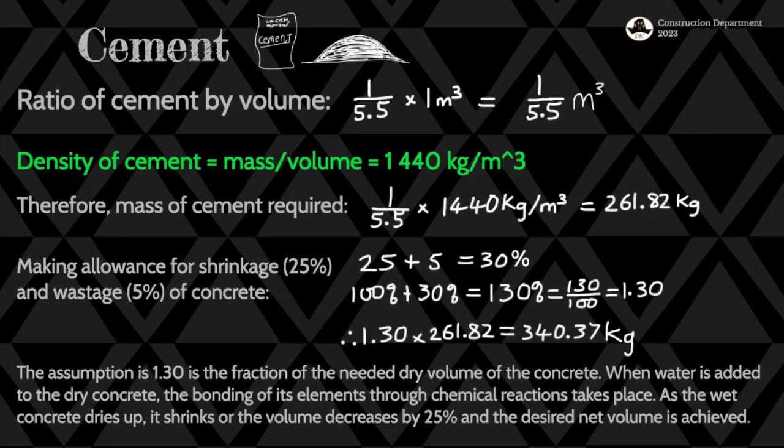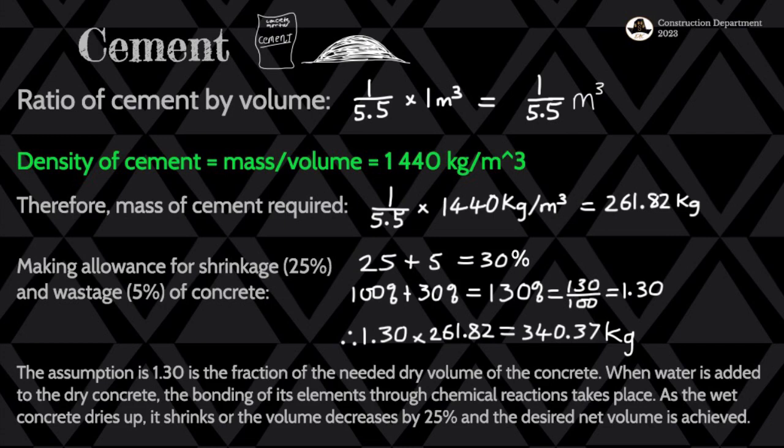The volume is 1 over 5.5 cubic meters, multiplied by 1,440 kilograms per cubic meter. The cubic meters will cancel out, and we remain with kilograms, which is the mass that we want, equal to 261.82 kilograms.